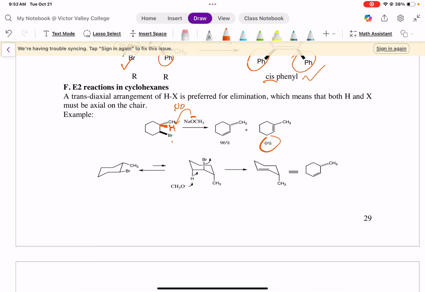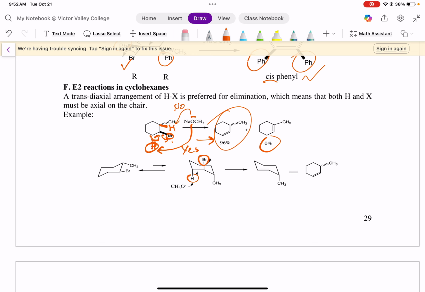So it would rather grab the other hydrogen to give us that product, because the Br and the hydrogen have to be anti or opposite, like this in this case.